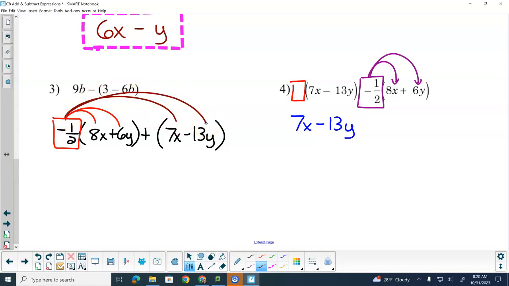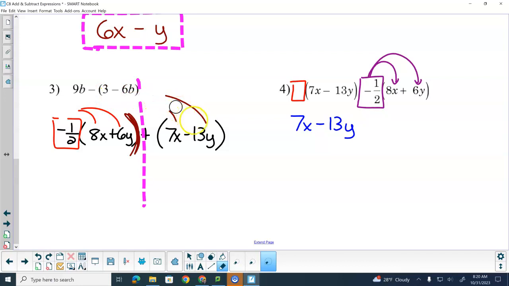Why not? It only goes to what's right behind it, right? Once that parenthesis closes right here, that's like putting up a big wall, and you can't get through that wall. So these two wouldn't be able to happen. Those two would not happen.